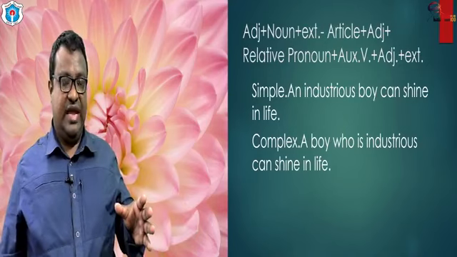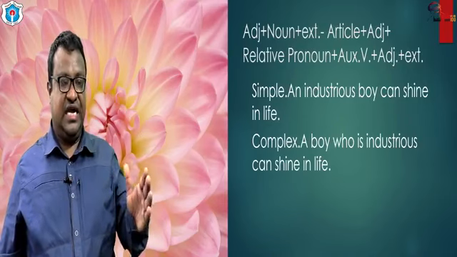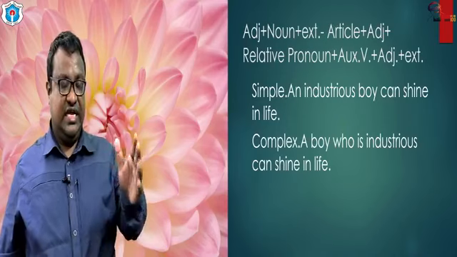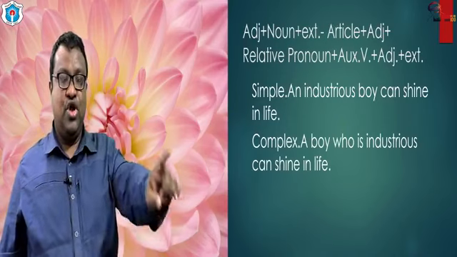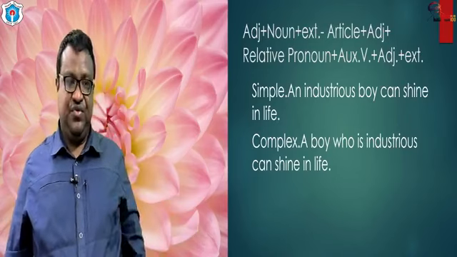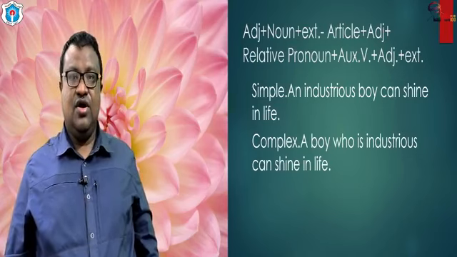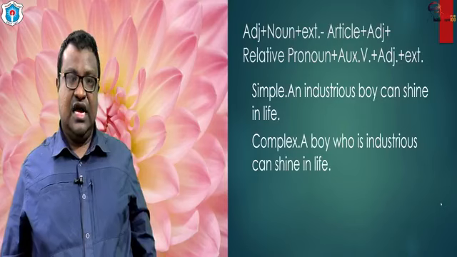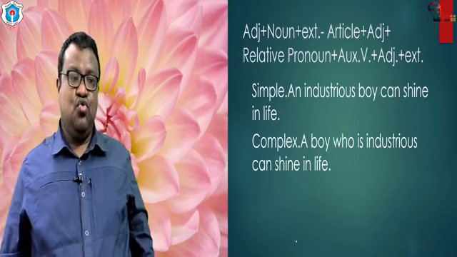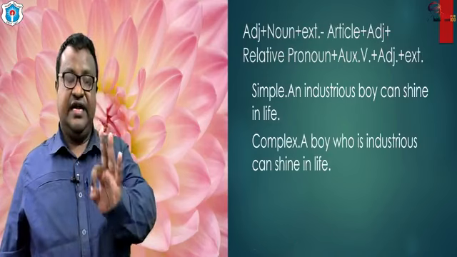So our adjective will be placed after the relative pronoun and the auxiliary verb. Here the relative pronoun is who and the auxiliary verb is. If we say that the poor people are suffering, so the people who are poor are suffering.